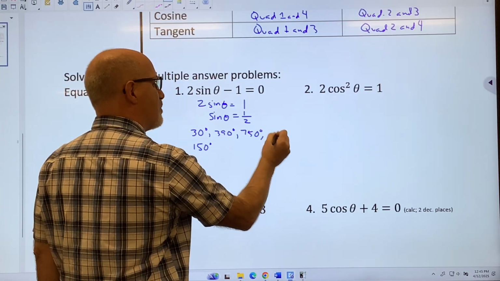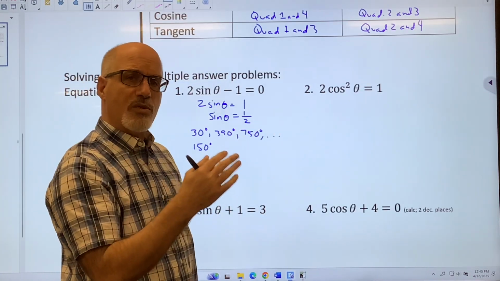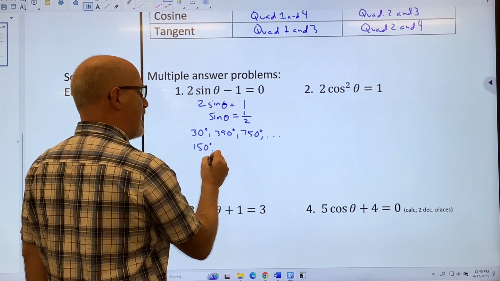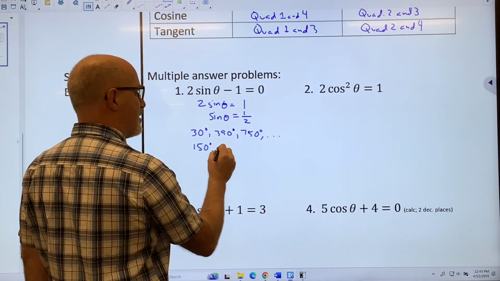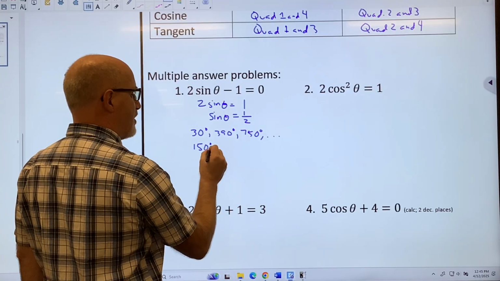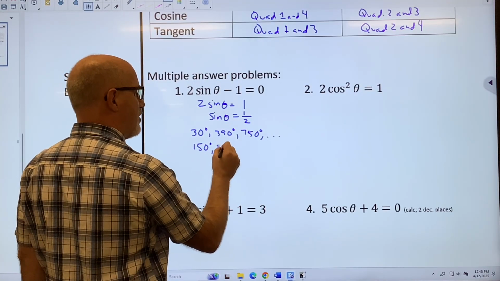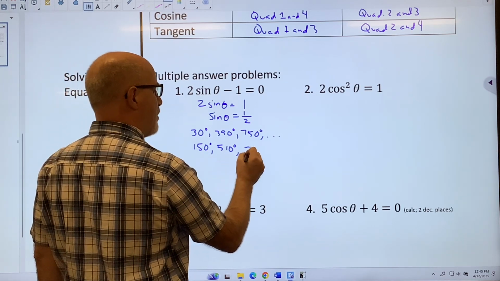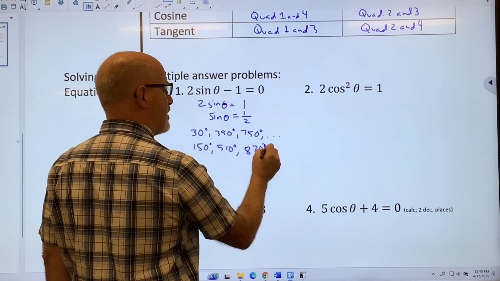You could actually subtract values as well, the 360, to go in the other direction. And if we add 360 onto this, it will give me 510 degrees, and then 360 added onto that will be 870 degrees, etc.